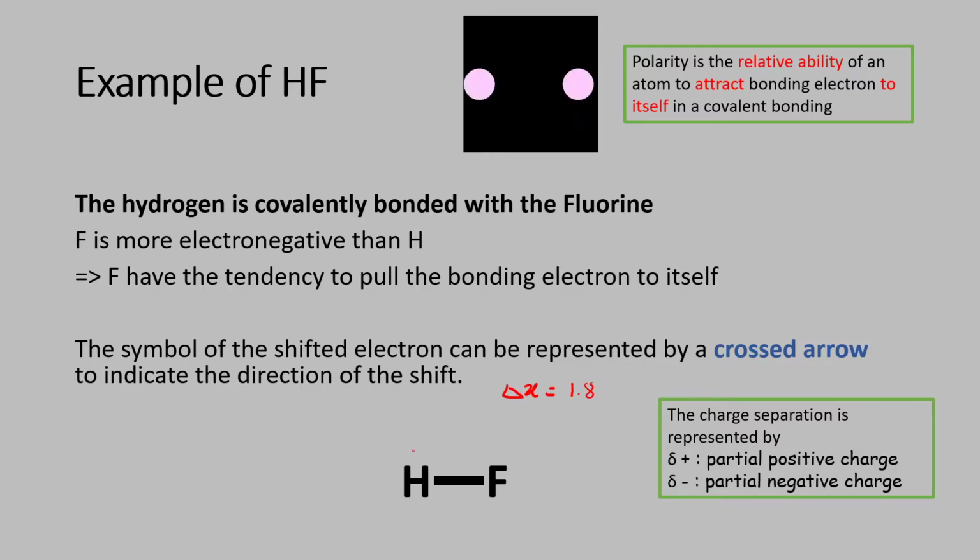Electropositive maksudnya nilai electronegativity value dia is rendah kan. So mana lagi satu yang kurang electronegative? H ke F? Mana more electropositive? Which is H kan? H tadi saya cakap 2 while fluorine is 4.